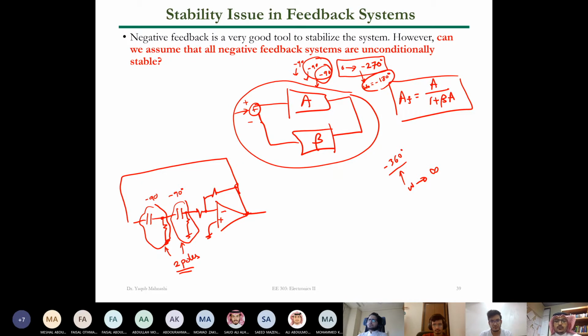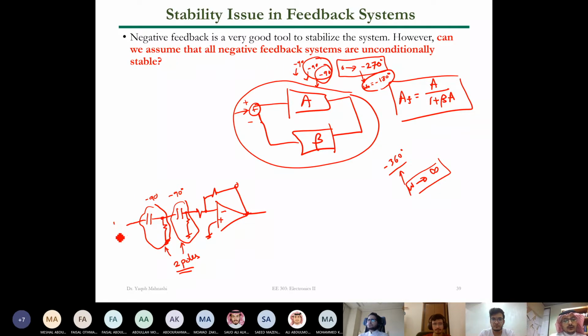With two poles, we said, yes, you may get to instability if you are applying an infinite frequency, right? If omega goes to infinity, that's a very, very high frequency, you may reach that point. But it's not usually the case. So even with one pole or two poles, they are stable systems and we are still in negative feedback.